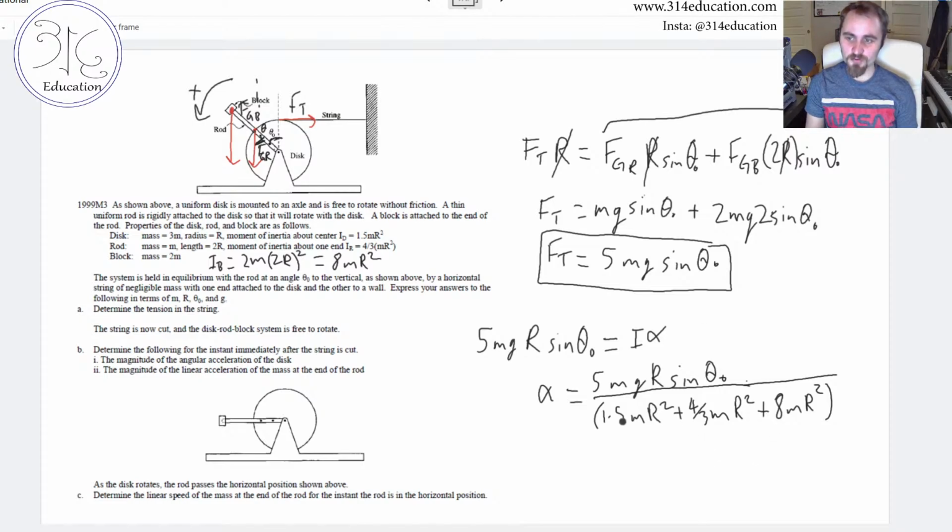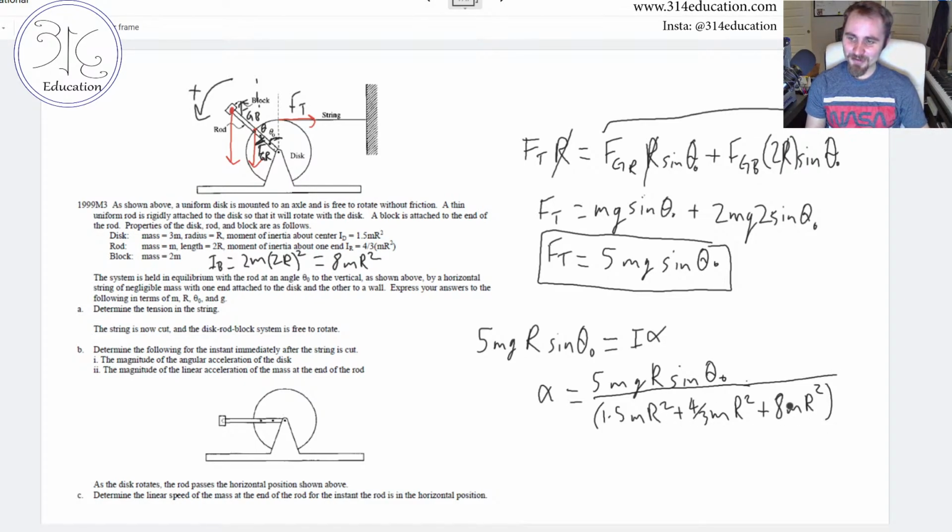We can simplify this for sure: we can combine these, and then the masses would cancel and one of the radii would cancel. But we don't have to. It's in terms of m, r, theta, and g, so we can actually leave it like this. Fine, we'll add them.